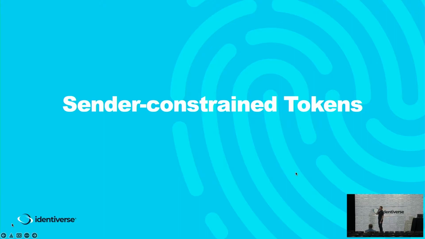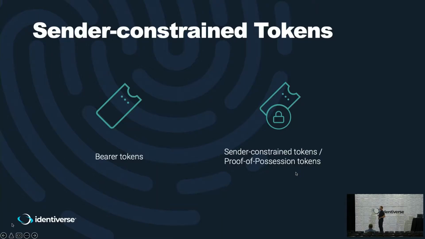We can bind the token that gets issued to the certificate of the client, meaning we end up with what's called a sender constrained token, also referred to as a proof of possession token. What we normally deal with if we don't use that is bearer tokens. But a proof of possession token or sender constrained token, like I said, is bound to the client. So we essentially protect the token so that it can't be stolen and used by a different client.